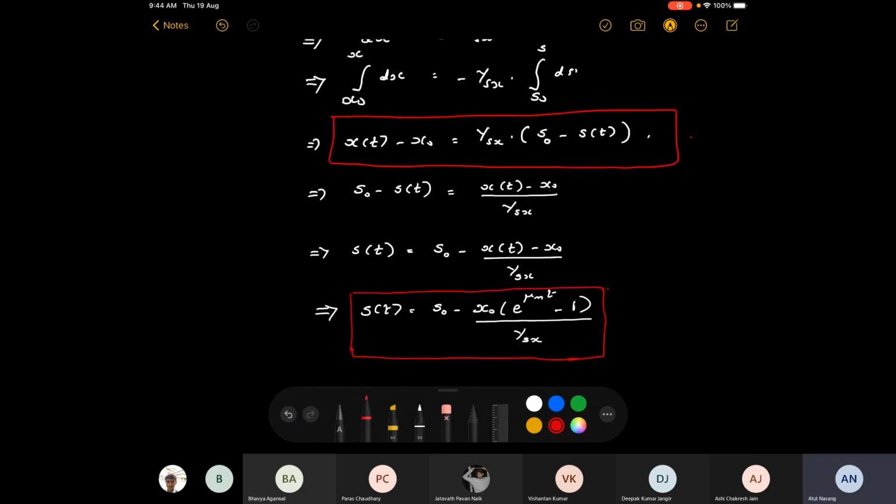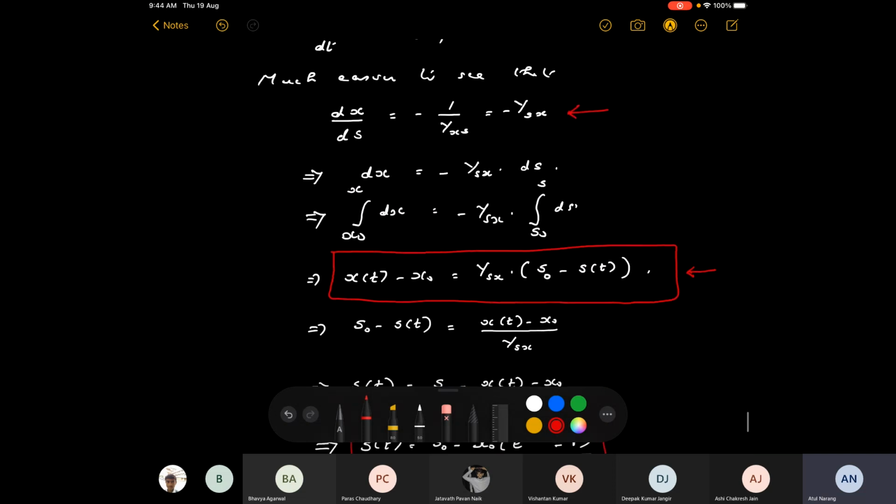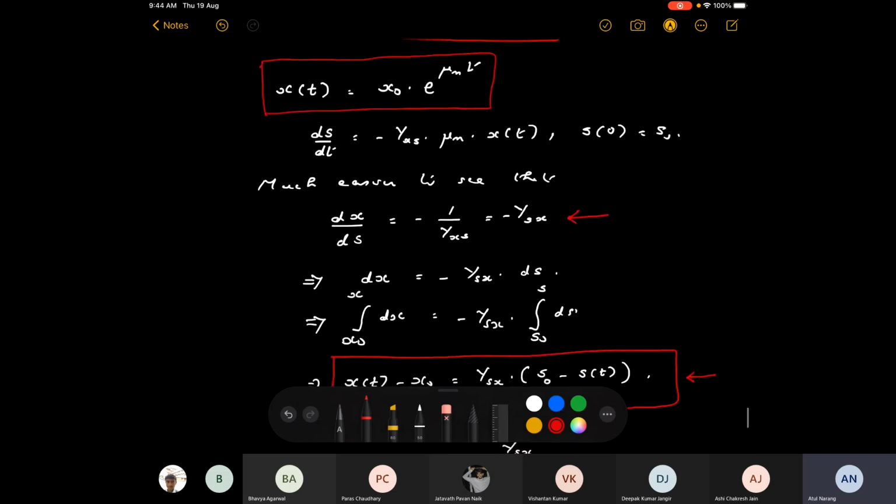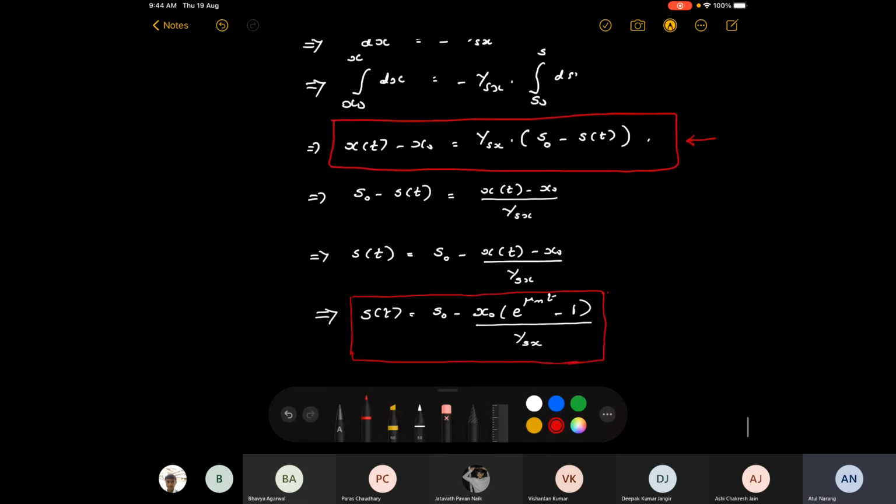Now, you can take it a couple of steps further. Simply, I'm going to actually solve for S of t in terms of x of t, right? Using this relationship over here. I already have x of t over here, exponential growth, and I'm going to solve for S of t by using the second equation.